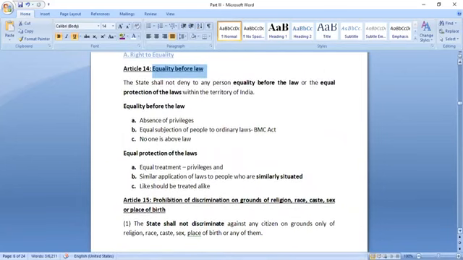Once you remember those things, then you can go to understanding the concept, right? That there are 2 different things: equality before law, equal protection of law. Similarly, what all things the state can do, what all things the state cannot do. So like that, you can try to remember the concepts.